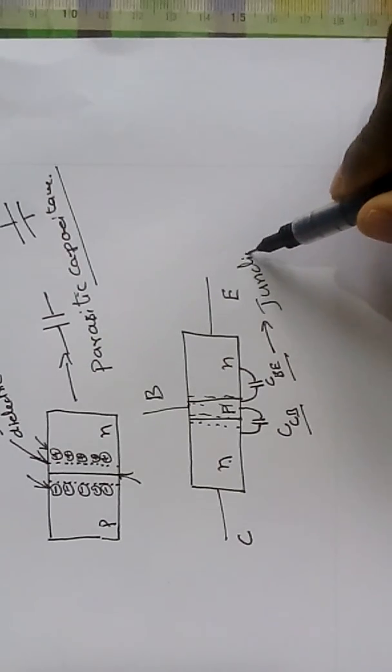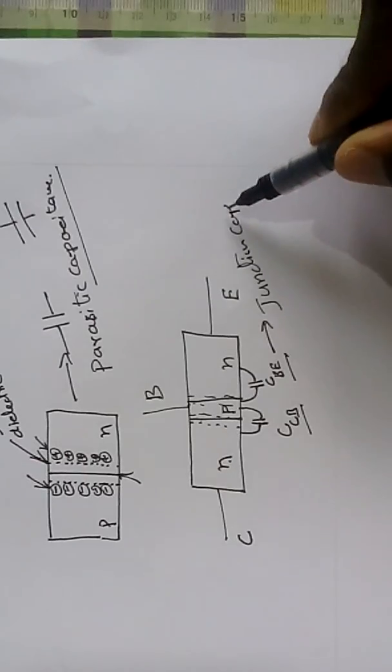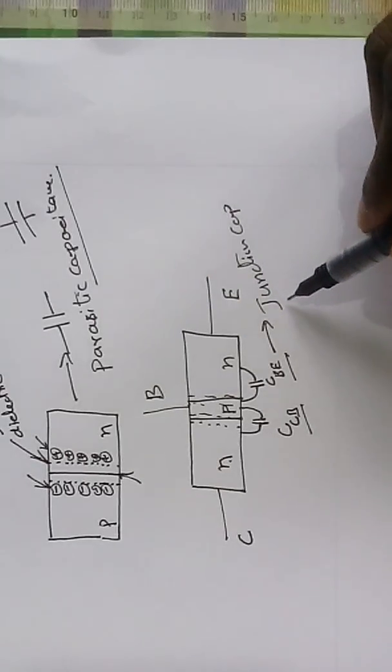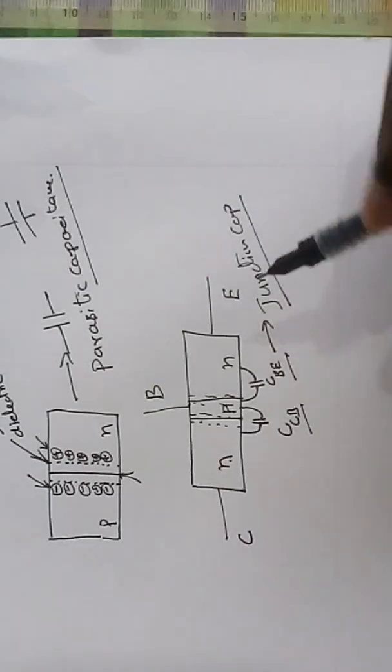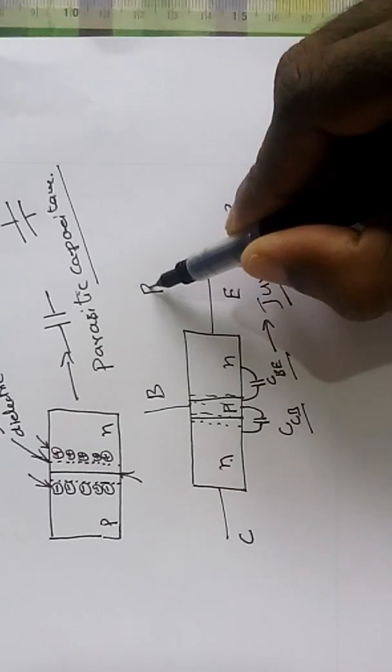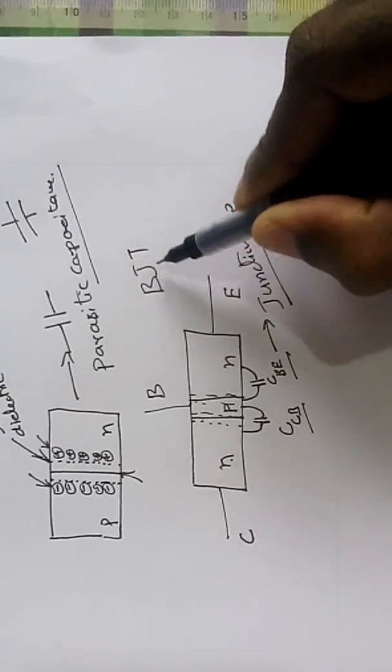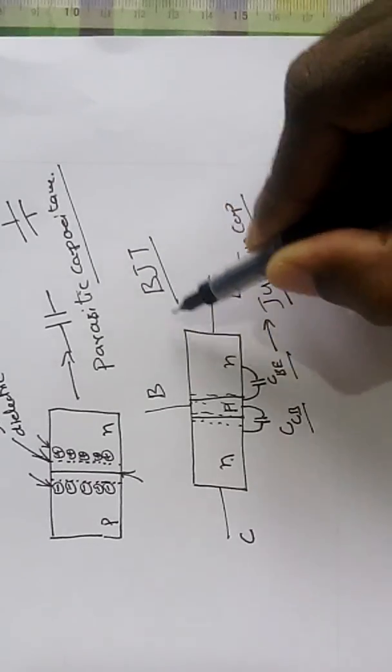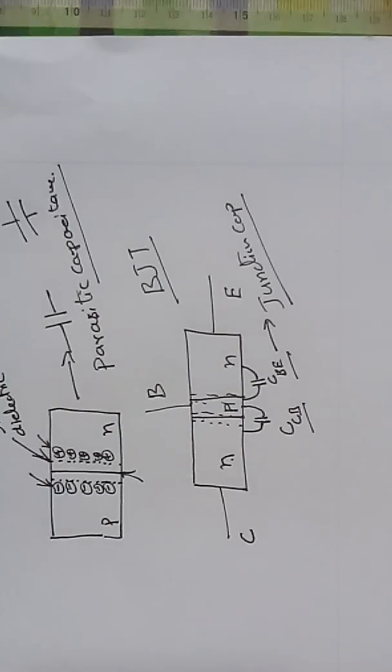So this is the case in a bipolar junction transistor; it is bipolar because there are two PN junctions possible.